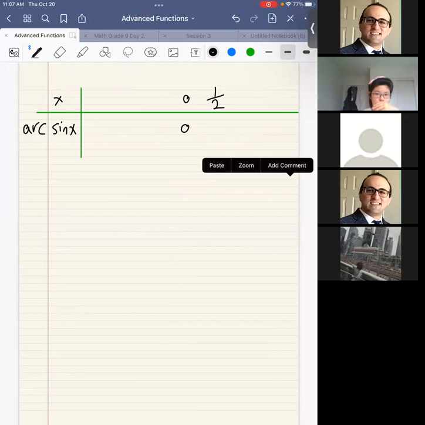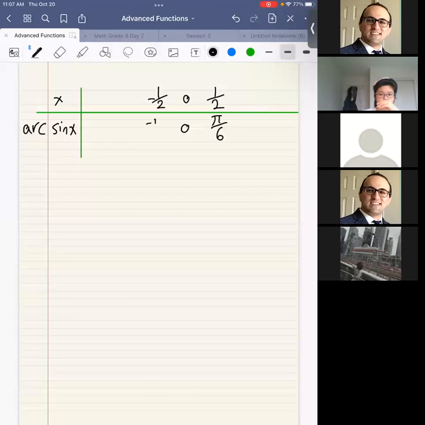Pi over 6. And then arc sine of -1/2 is -pi over 6. And by the way, it's an odd function because sine is also odd. So arc sine of 1/2 is pi over 6. Arc sine of -1/2 is -pi over 6.